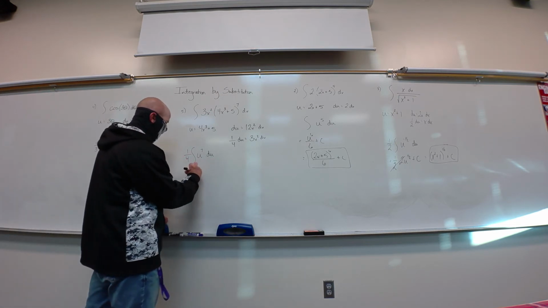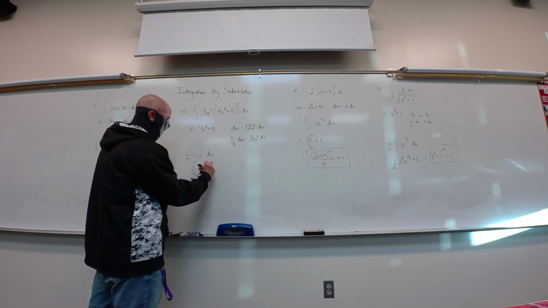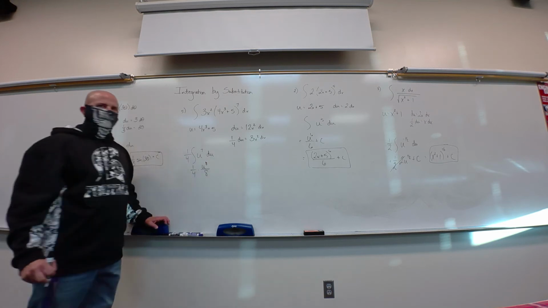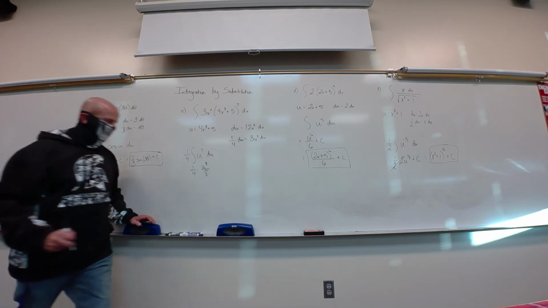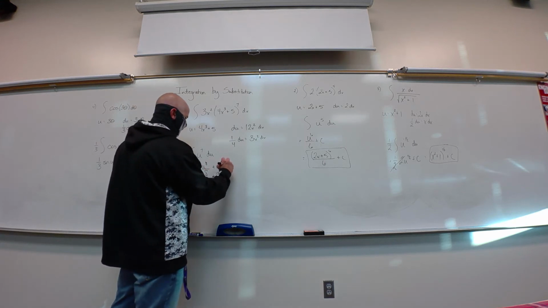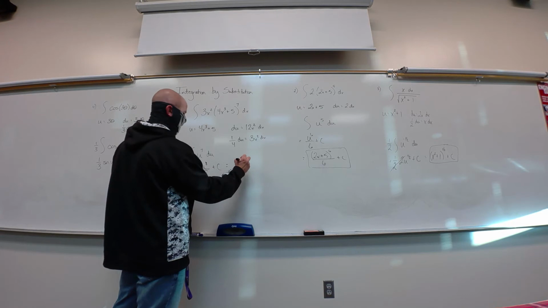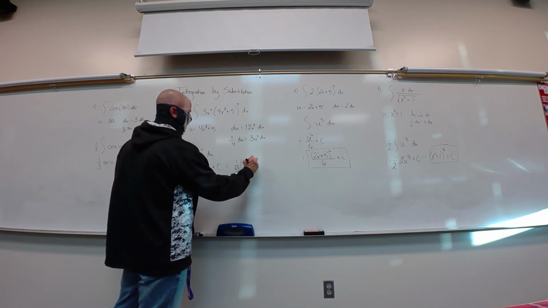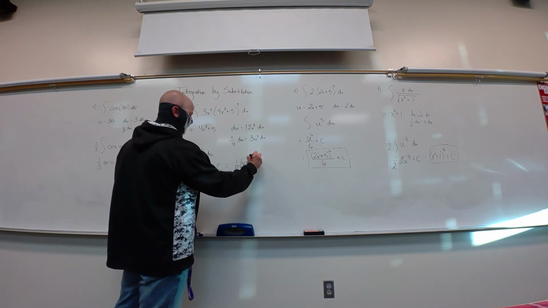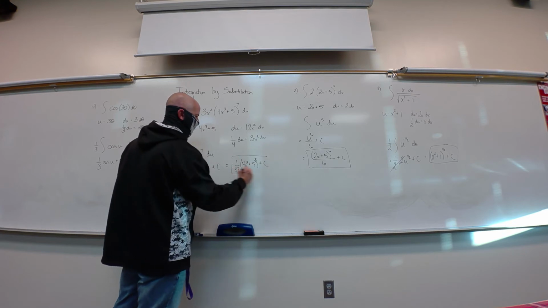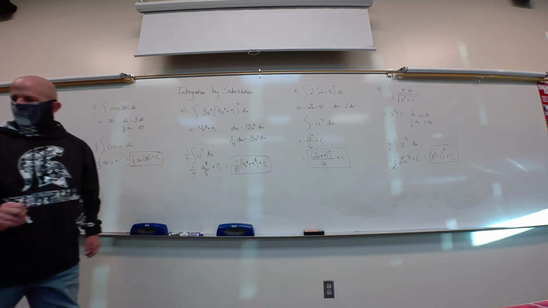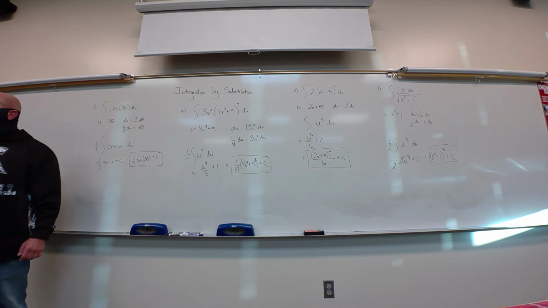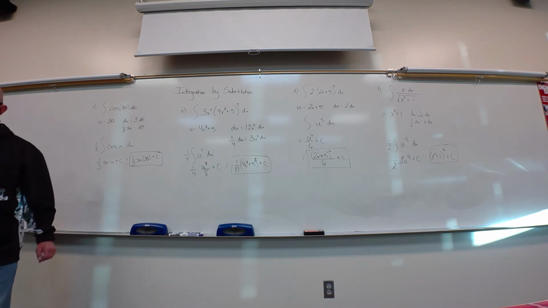So let's see, we'd have 1/4 u to the 8th over 8 plus c, which would be 1/32 times 4x cubed plus 5 to the 8th plus c. You okay there? Okay.